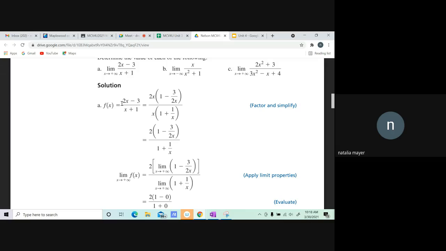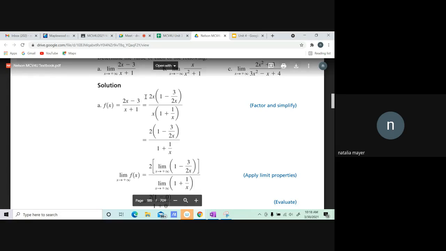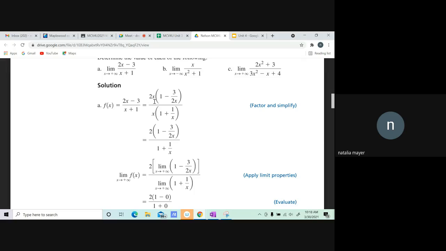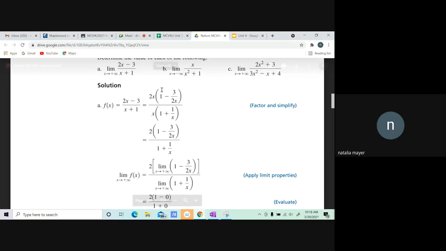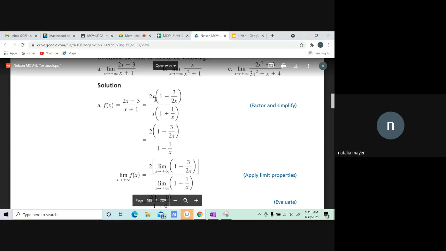I'm asking about the power of x. It's 1. So 2 is not important; you can factor it out or keep it. What's important is that you are factoring out the greatest power of x, in this case the first power. So 2x is out, and this is the leftover. Do you have questions about the leftover in the numerator inside the brackets?